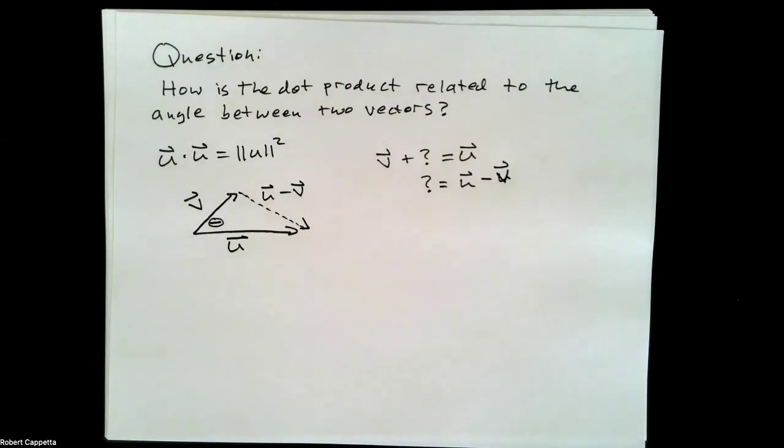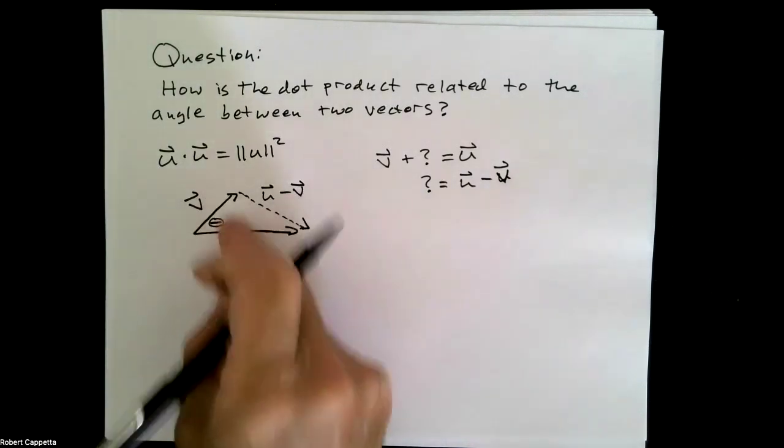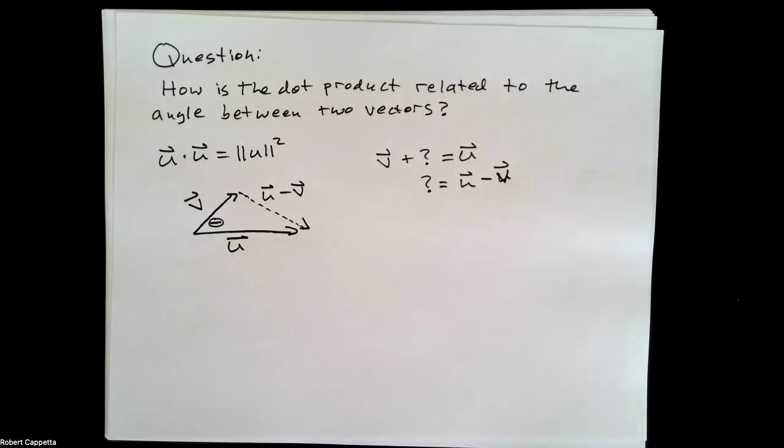But our question still stands, namely, how is the dot product related to the angle between them? Because again, a vector has direction, and magnitude, both important concepts. But if I have two vectors, I'd like to determine that angle between them. How can I make some sense out of that?